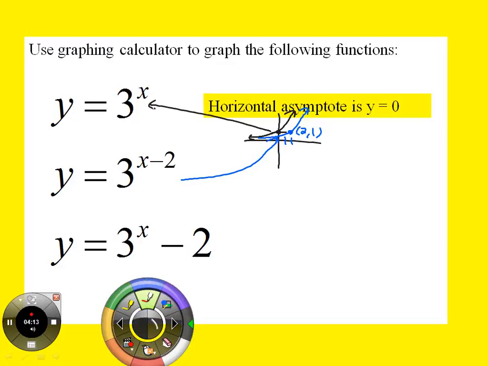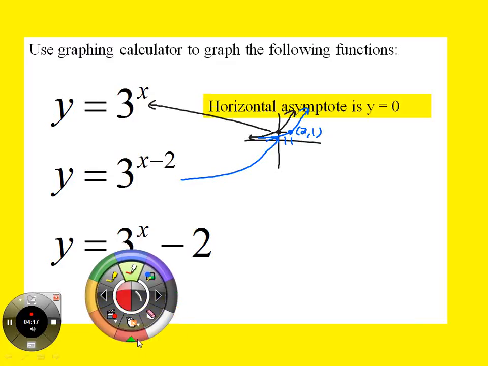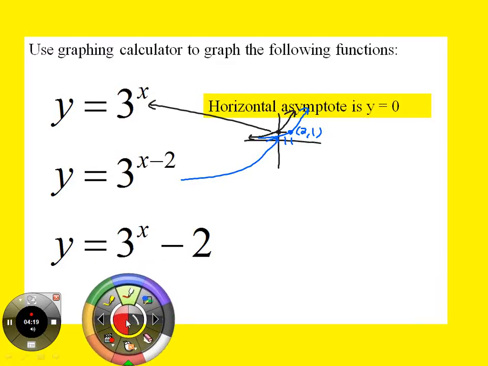The other one is just lowering the horizontal asymptote that used to be at y equals 0, and now it's going to be shifted down 2 units. It used to go through right here, but now that's shifted down 2 units, so it's going to go through right there. It should look roughly like this.